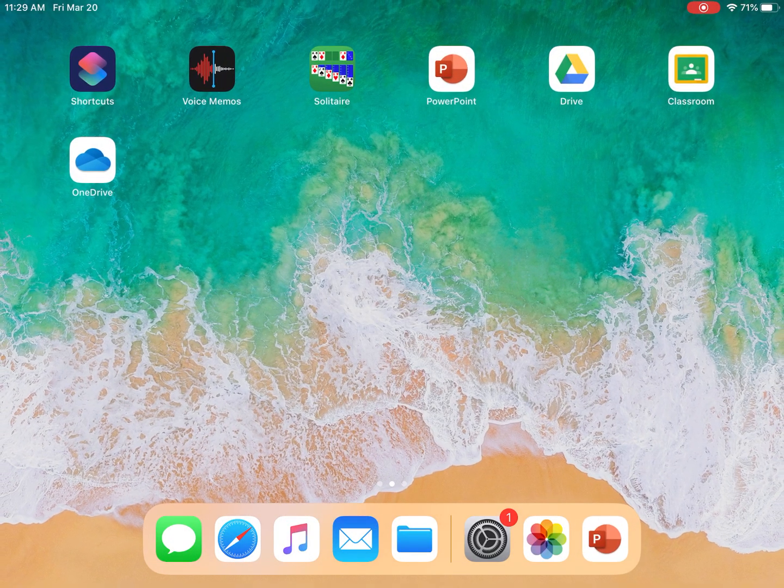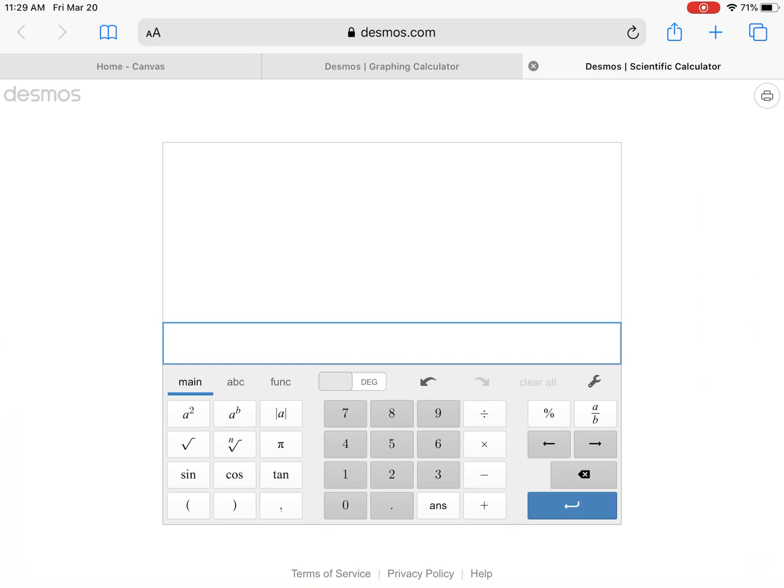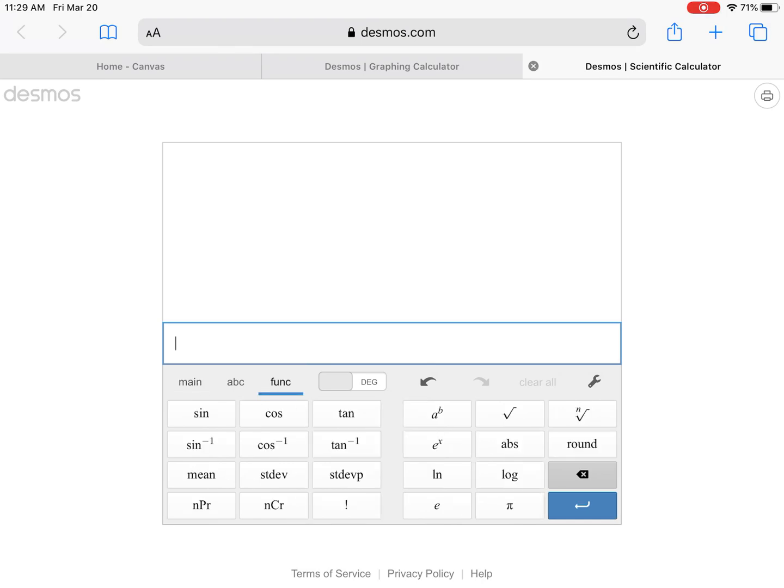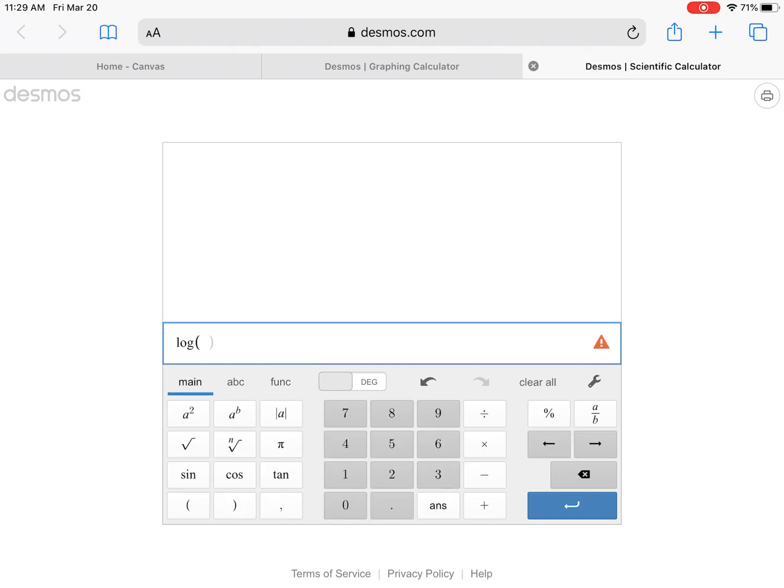So let's go to our calculator. If you're using Desmos, in order to put the log in, you need to tap on the function button, and then it will come up right here. So we're trying to determine the log of 220. And we know that is 2.342422681.